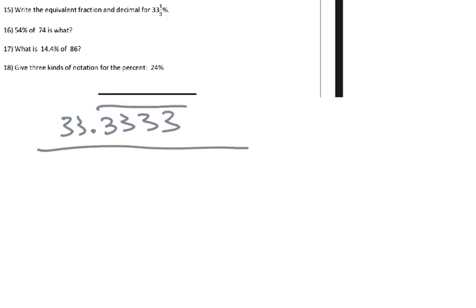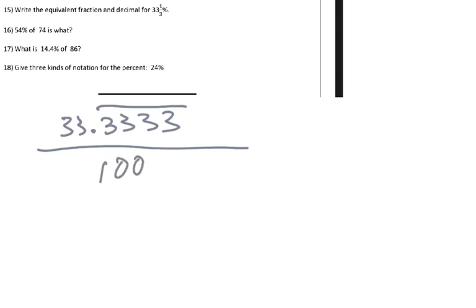So let's go on to number 15. It says write the equivalent fraction decimal for 33 1/3%. So 33 1/3, we know 1/3 is 0.333 repeating. So I'm just going to write it as such, and I'll put a line over all these 3's. So percent is out of 100.